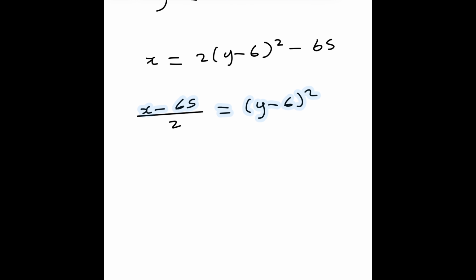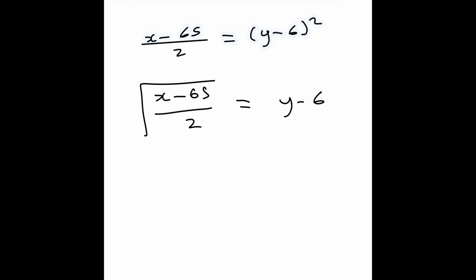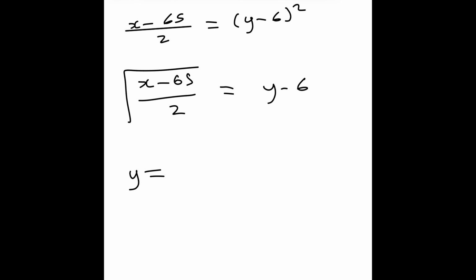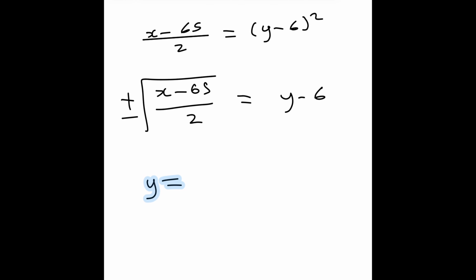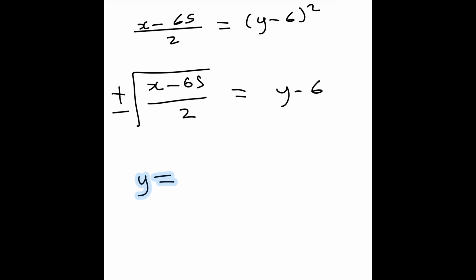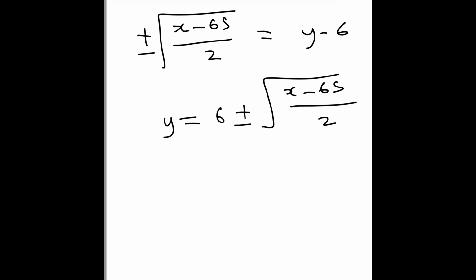And we want to root that. When you root, remember plus or minus. That's very important. Do not forget plus or minus. So y is going to be equal to 6 plus or minus the root of (x minus 65) over 2.